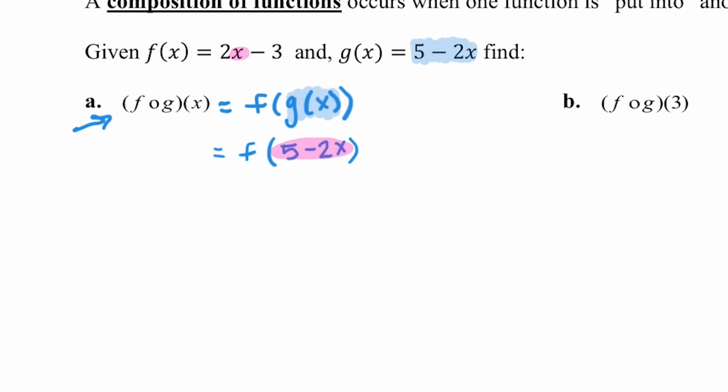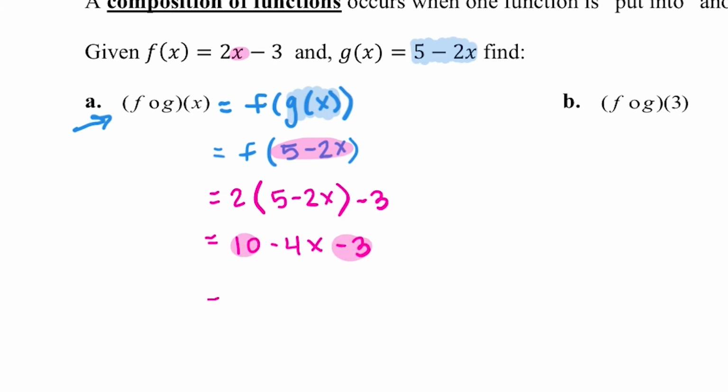So it's just a little substitution. We'll still have the 2, but now x is being replaced by 5 minus 2x, and then we still have the minus 3. So distributing in 2, that's 10 minus 4x minus 3. And then combining like terms here, that's negative 4x plus 7.